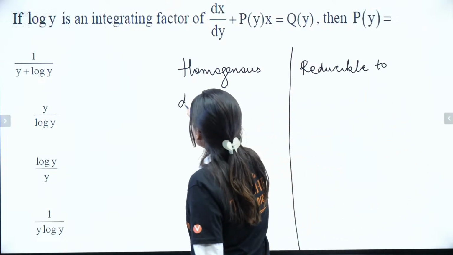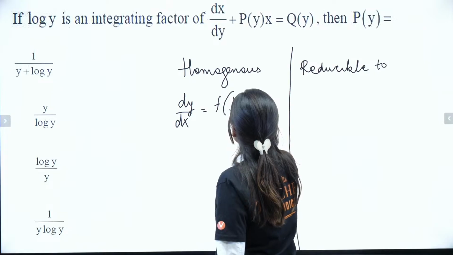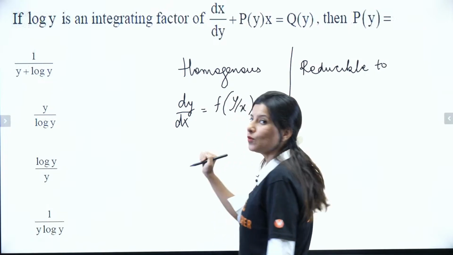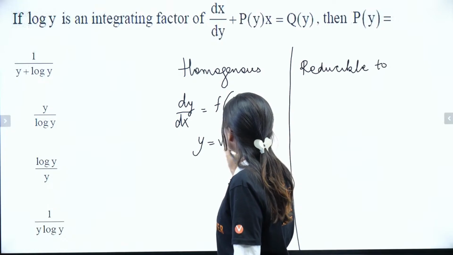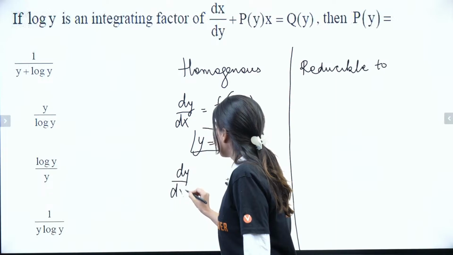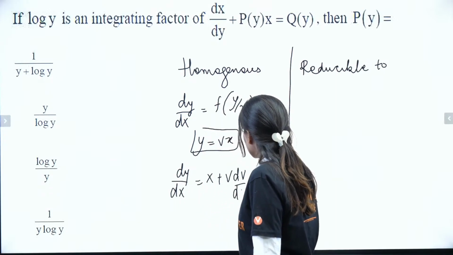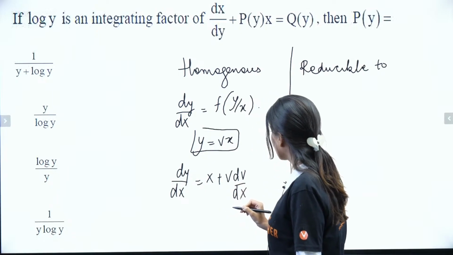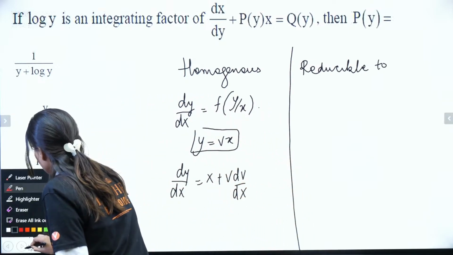So when your dy by dx is directly a function of y by x, then you call it homogeneous. What you will do is put y is equals to vx. Then if you differentiate, dy by dx will be equals to v plus x dv by dx.